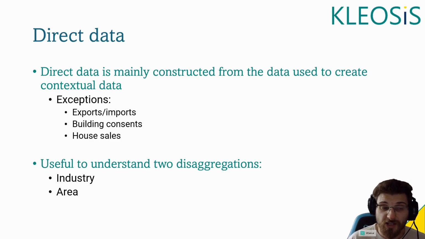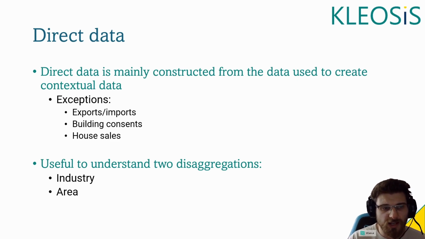Now, house sales data is not available publicly in New Zealand for free. You can pay a subscription to get access to that data. And then there are some other pieces of direct data that are also not even produced by the official statistics agency, like electronic card transactions, although in New Zealand the official statistics agency publishes that data, but they have a deal with the person who produces it.